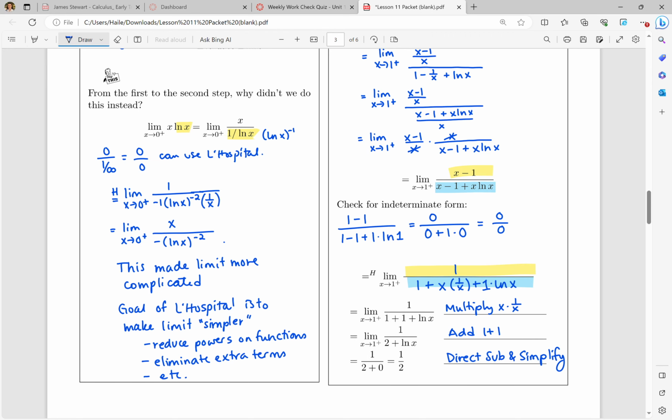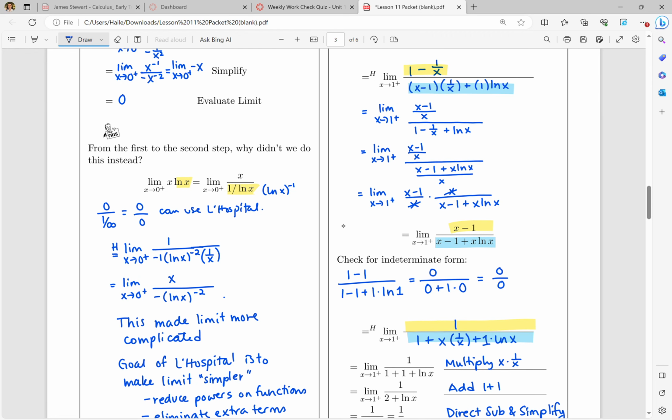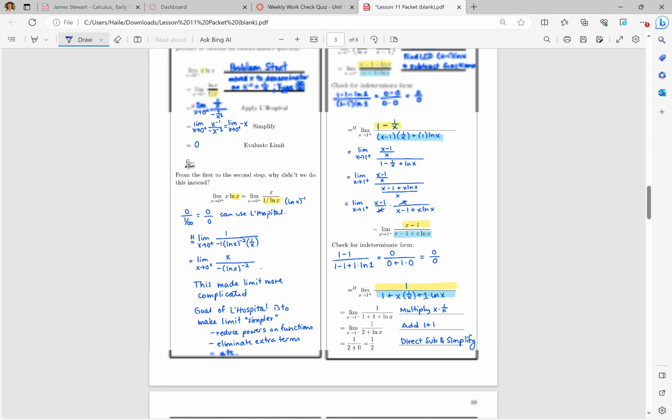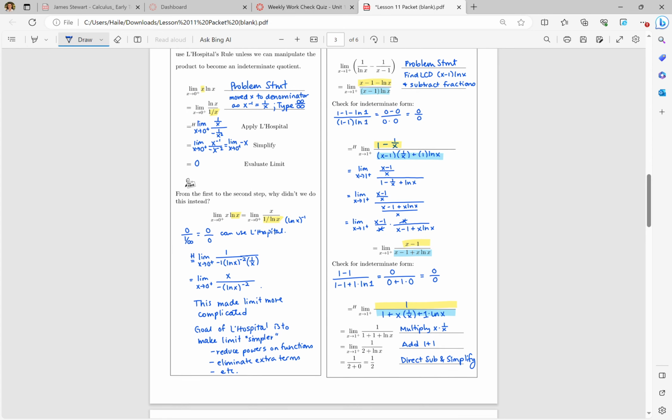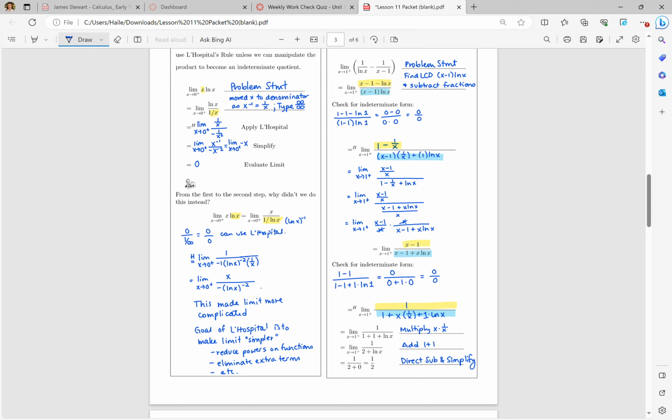Okay, so this example in particular should show you that not every L'Hopital's problem is super nice. Okay, this one is quite messy. We had algebra to start off with. We had to combine fractions. Then we had two applications of L'Hopital's rule, each one that required checking if we could actually use L'Hopital's rule. And then finally, after those two applications, could we actually use direct substitution?